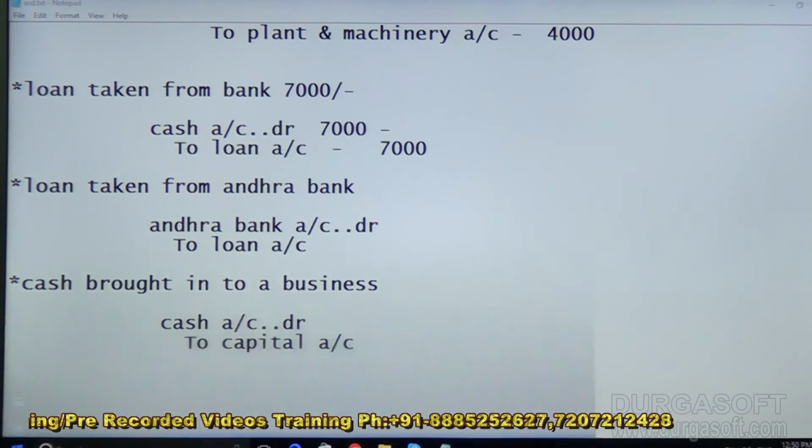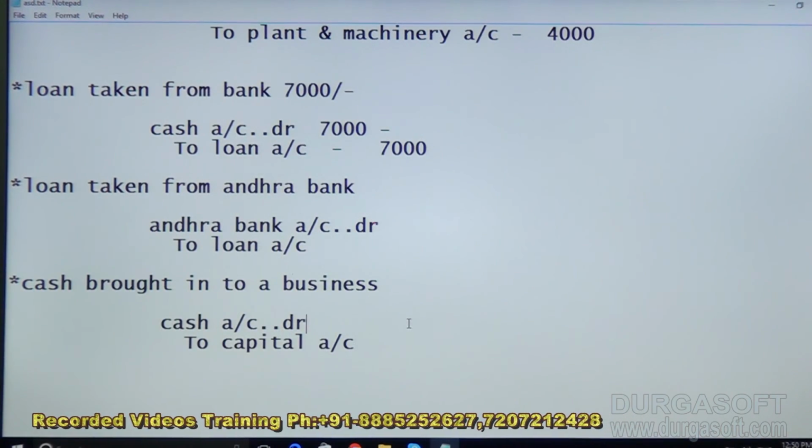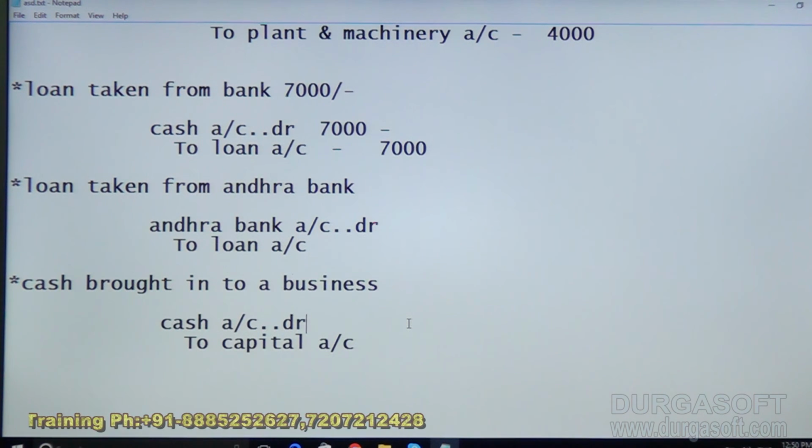Okay, this is the basis of how to post the transactions to journal entries. So we are clear about our journal entries. In this way we need to post our transactions to journal entries.